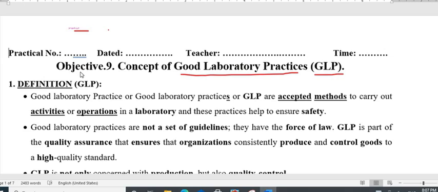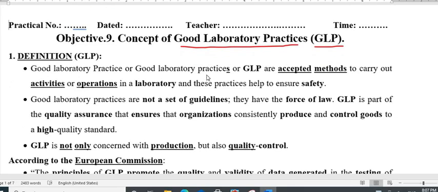So the objective of the ninth practical is the concept of good laboratory practices that we are going to discuss. First, we have to go through the definition of good laboratory practices.